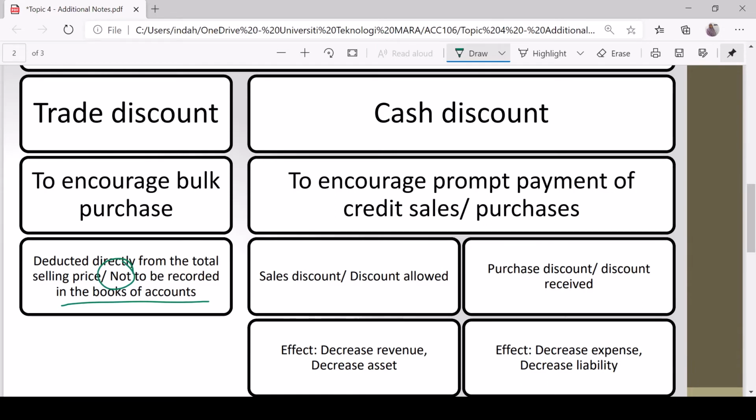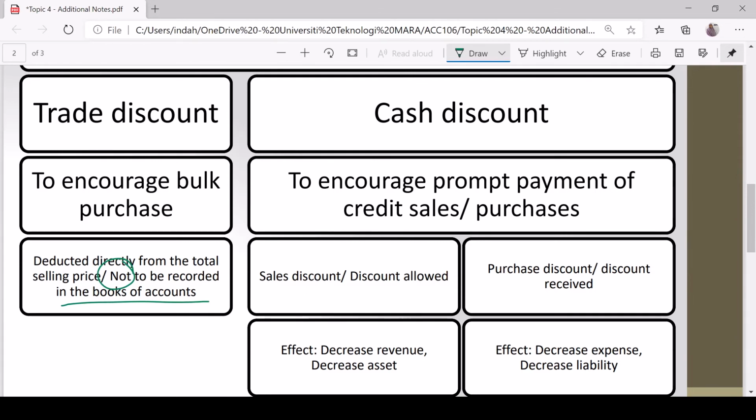When you make the payment, or when you receive the invoice, if it is on credit, it is already deducted in your invoice. If you receive the receipt, it is already at the net selling price. So trade discount is not to be recorded in the books of accounts.